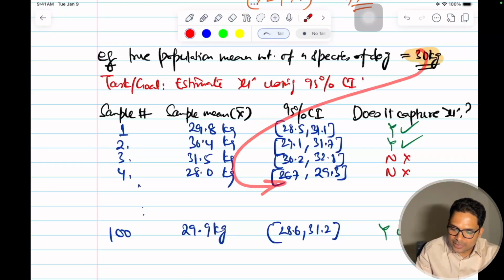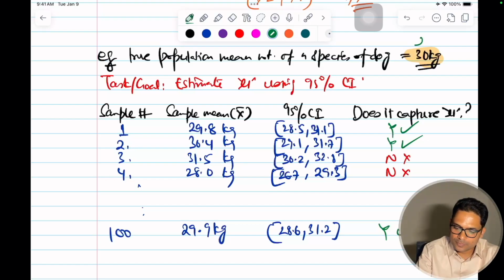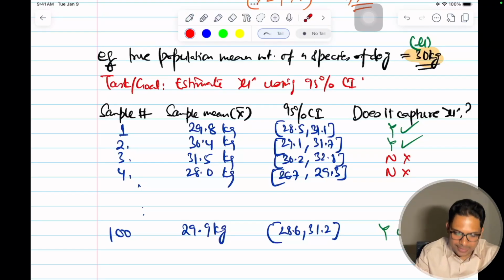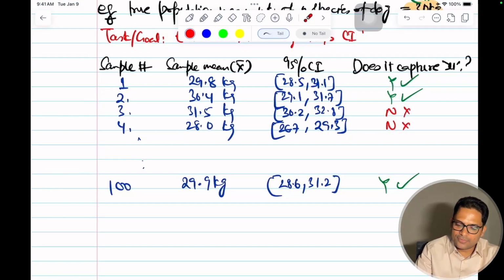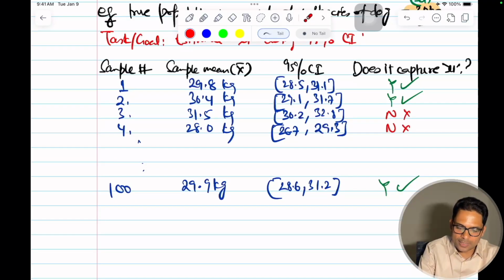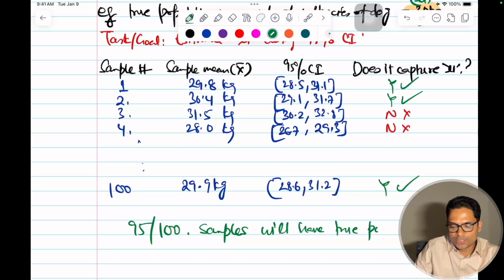Similarly, this 29.3 is the higher end. This has just missed 30 kg. So this confidence interval also doesn't capture my actual population mean, that is mu. So what I am saying is that a 95% confidence interval means that if I do it in the long run, 95 out of 100 such samples will have the true population mean, and 5 samples may miss.